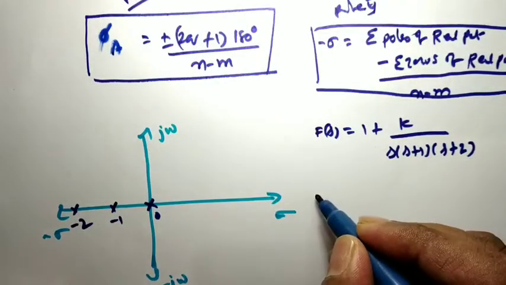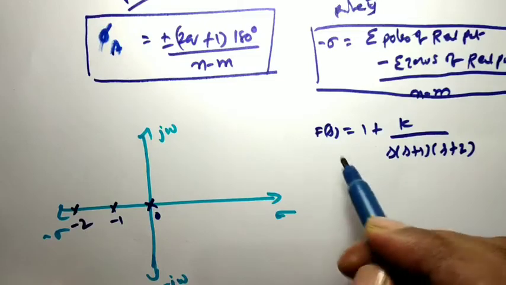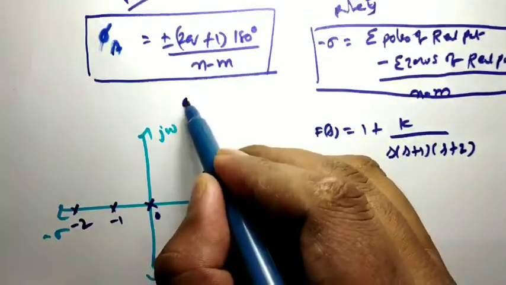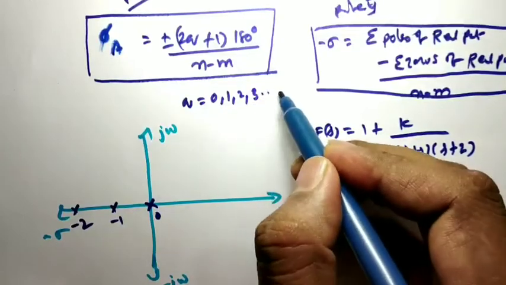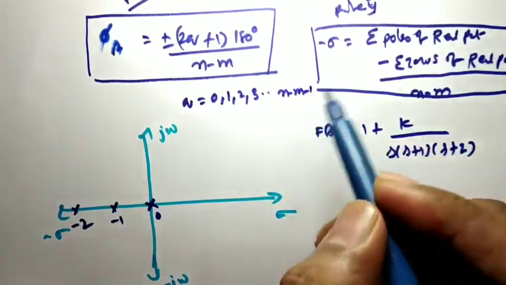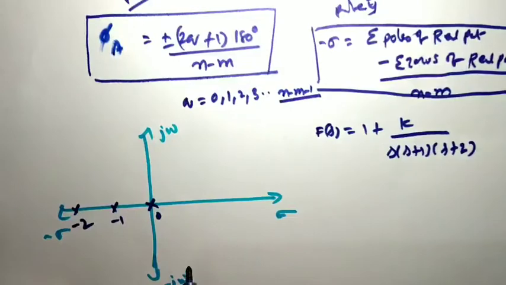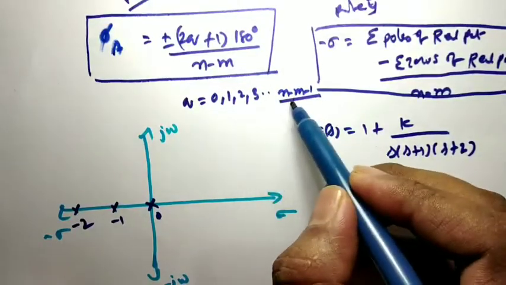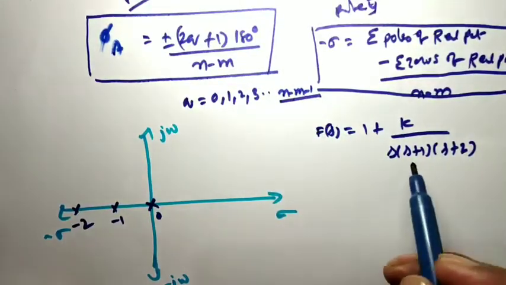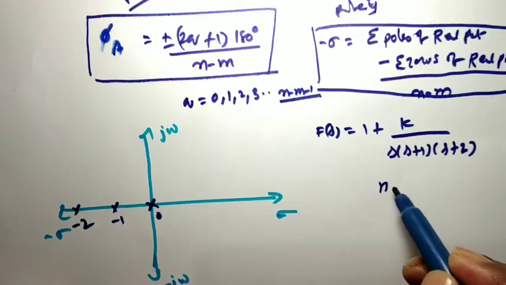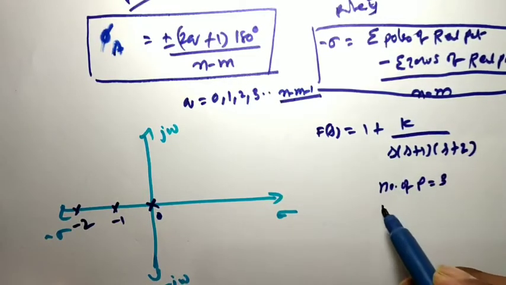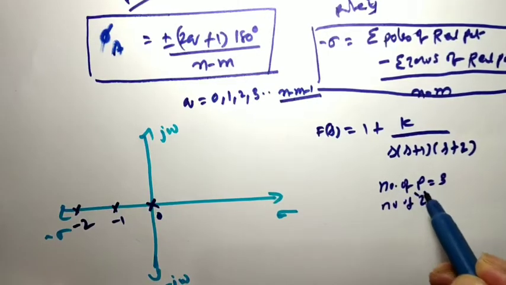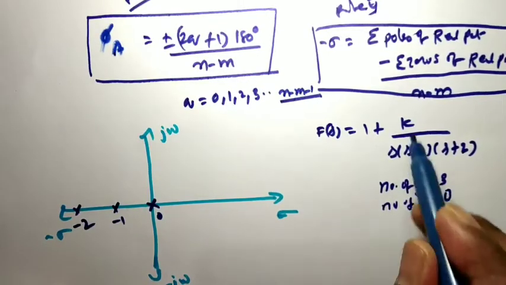So what are the asymptotes? To find the asymptotes you have to find the q value. Here q is equal to 0, 1, 2, up to n minus m minus 1. What does n mean here? Number of poles is equal to 3, number of zeros is equal to 0, since the numerator is 0.